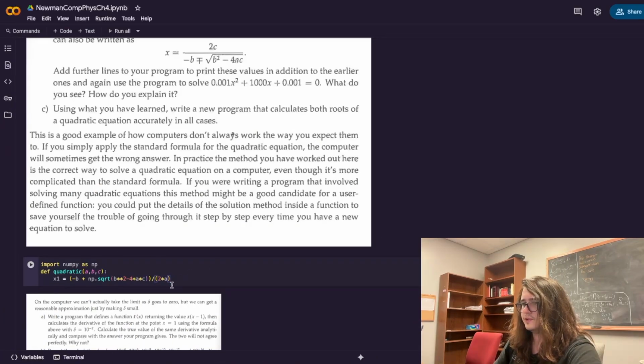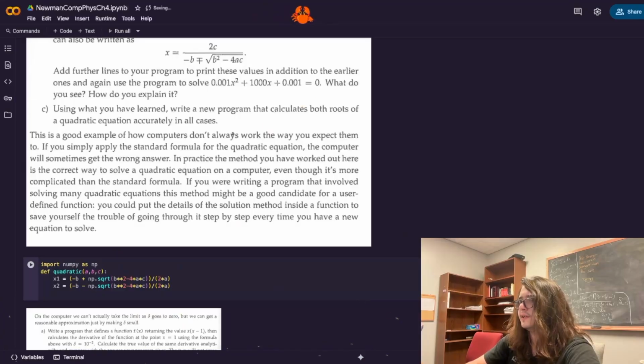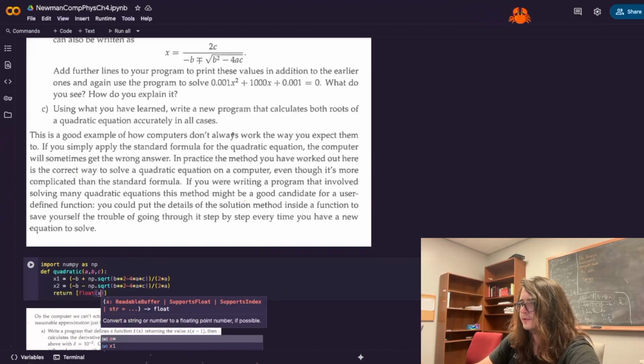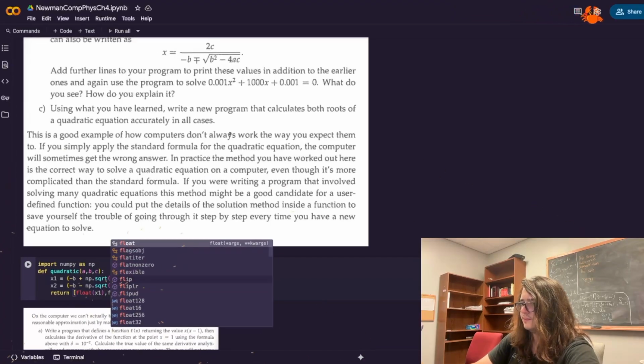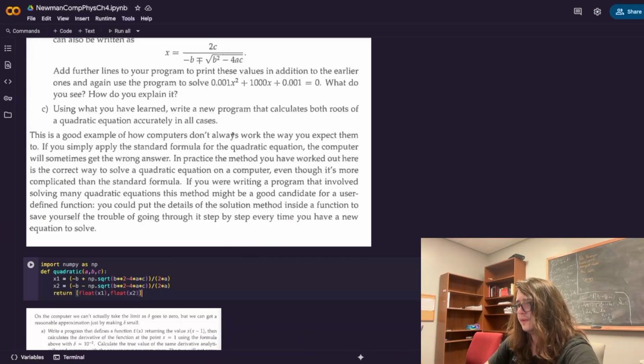The other solution is just replacing the plus in the middle with a minus. So this will become a minus for x2, and we'll have it return a list of the solutions, making sure that they come back out as floats, right?